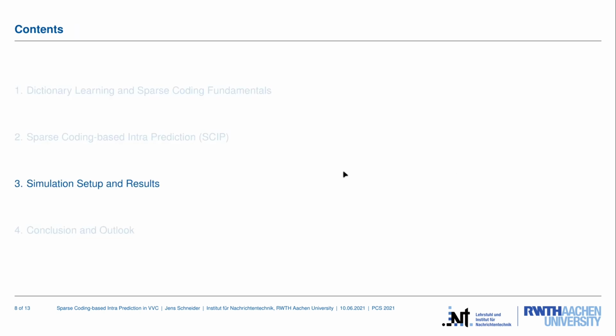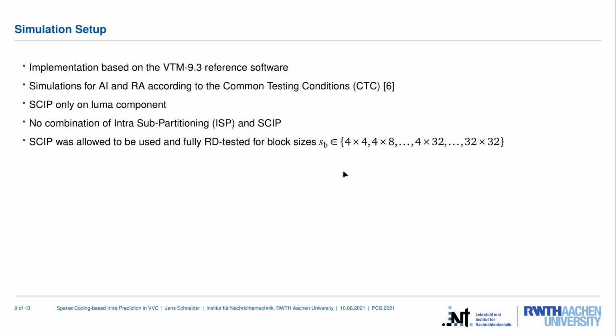Let me get to the simulation setup and corresponding results. First of all, the implementation was based on the VTM 9.3 reference software, and simulations for all intra and random access coding were performed according to the common testing conditions of JVET. SCIP was only applied for the luma component, as the chroma components were assumed to be handled by the cross-component linear model in VVC. The combination of intra subpartitioning and SCIP was not allowed for implementation reasons. Further, SCIP was allowed and fully RD tested for block sizes up to 32 by 32 pixels.